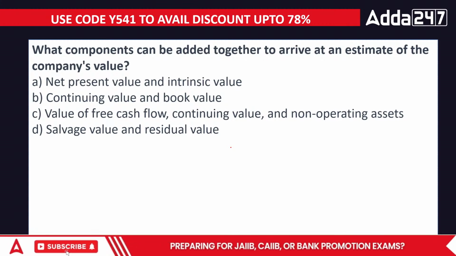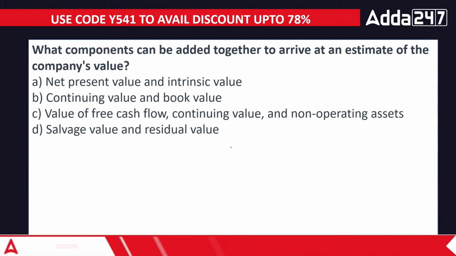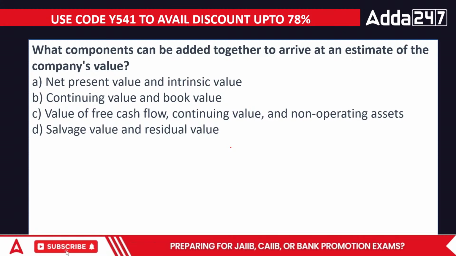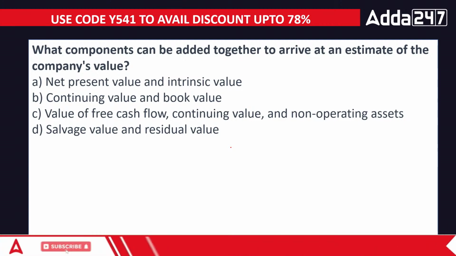What components can be added together to arrive at an estimate of the company's value? Net present value and intrinsic value, continuing value and book value, value of free cash flow, continuing value and non-operating assets, or salvage value and residual value. What components can be added together?